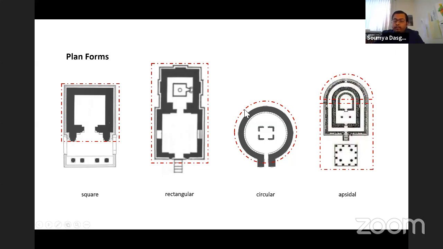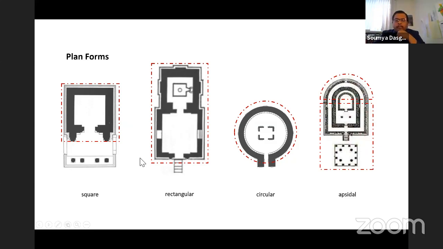Then there's the circular, which is quite rare, but there are some circular temples. And then there's the apsidal, which is perhaps more frequent than the circular, nevertheless less frequent than the square and the rectangular. The apsidal is basically a rectangle with a semicircle in the end. The most frequent of these plan forms are the square and the rectangular plans of temples.